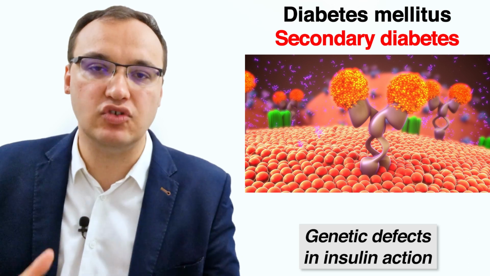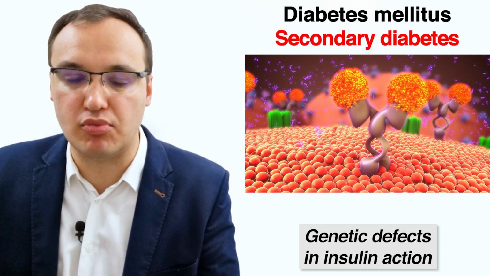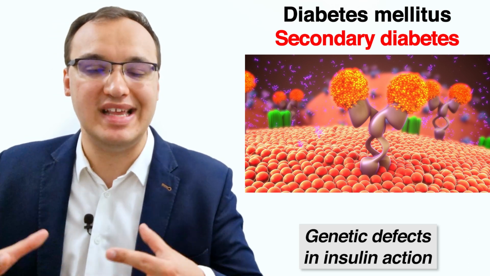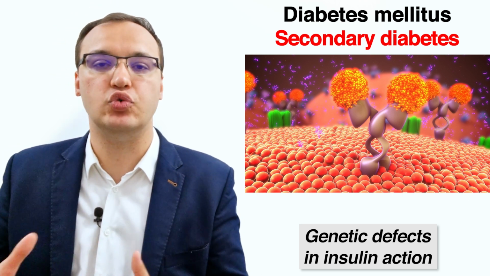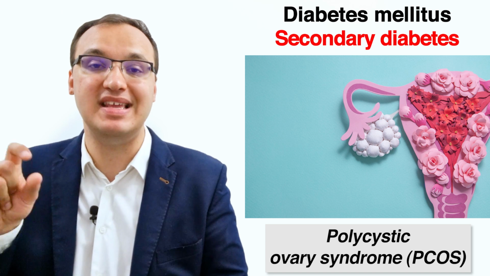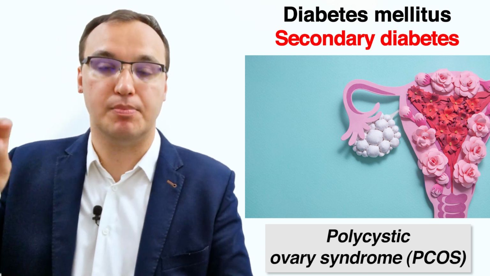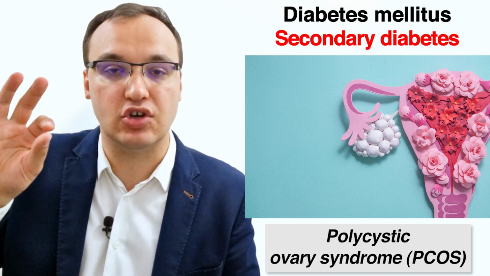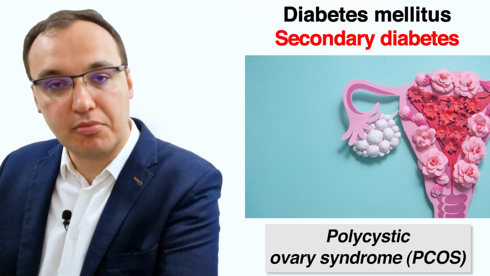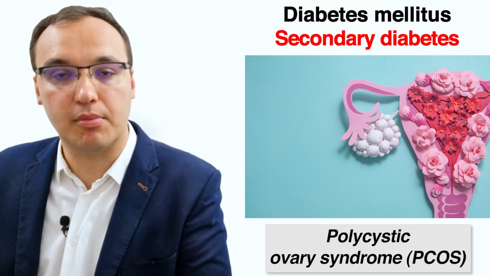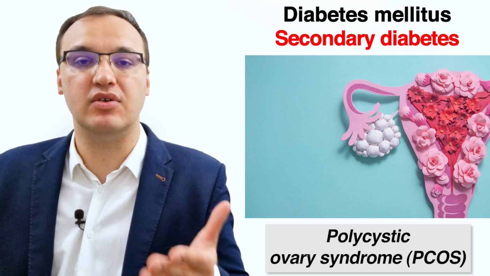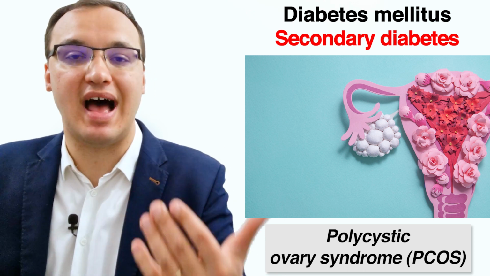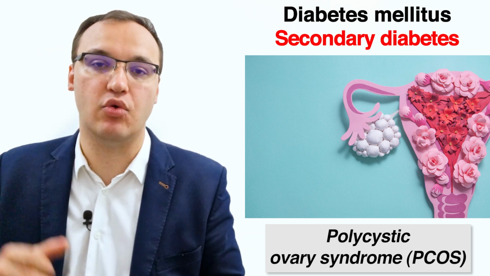Genetic defects in insulin action are a series of rare abnormalities in the insulin receptor or insulin structure, and these are often due to a genetic defect or polycystic ovary syndrome, for example, PCOS for short. So polycystic ovary syndrome is a condition that affects a woman's hormone level, and usually there is a hormone imbalance here where women with PCOS produce higher than normal amounts of male hormones, okay?